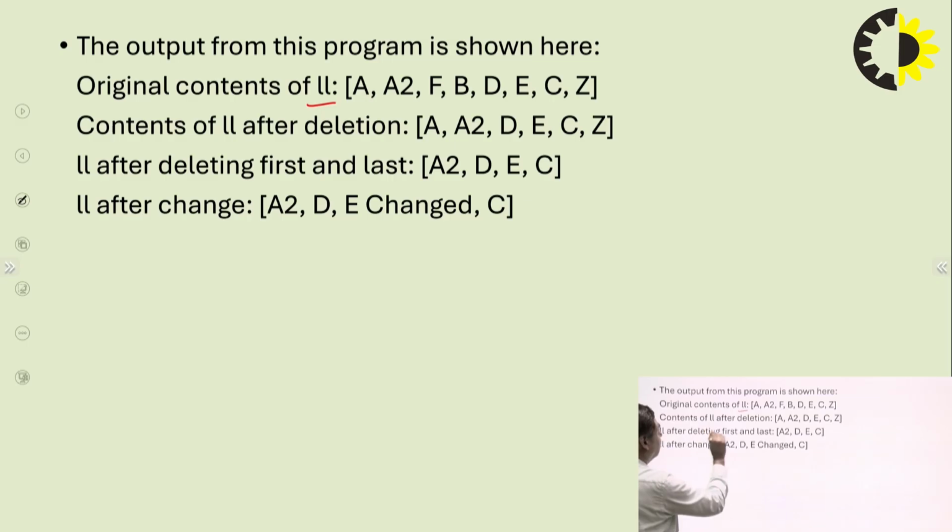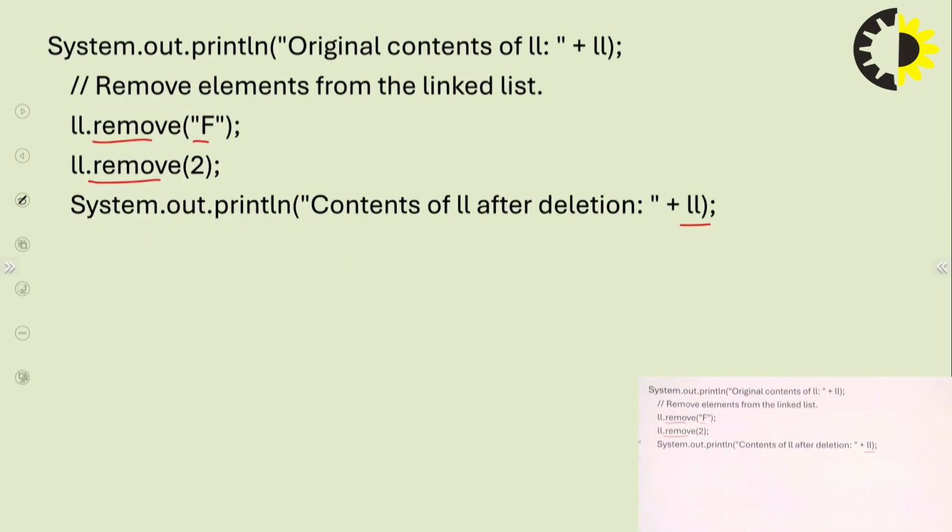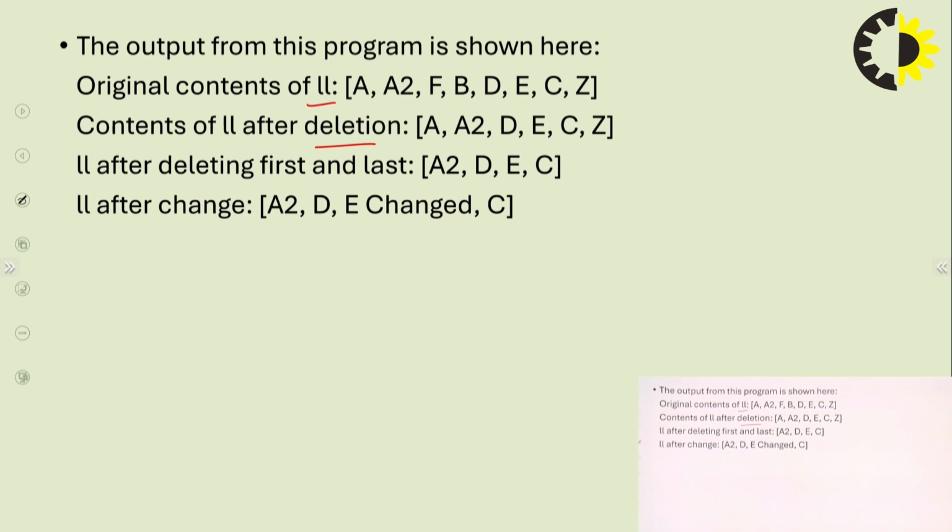And the content after the deletion, we have deleted 2 elements. So, it is showing we have deleted the F at index number 2. So, F has been removed here, and index number 2 is 0, 1 and 2. So, this is the F that has been deleted.